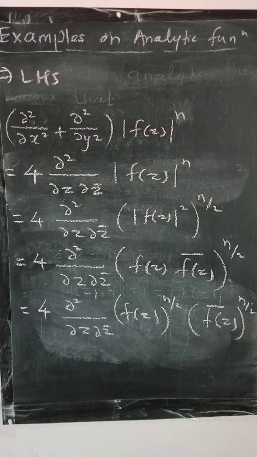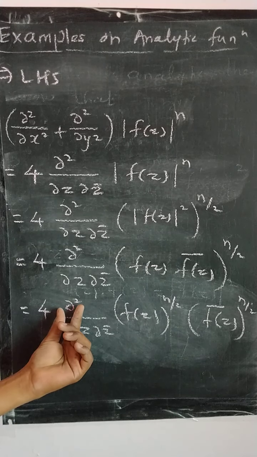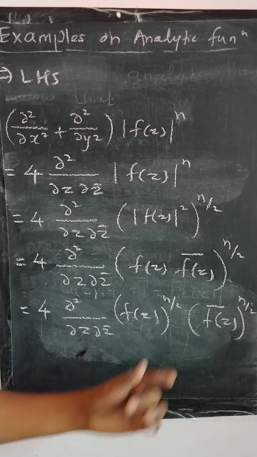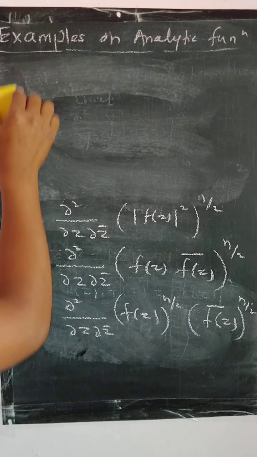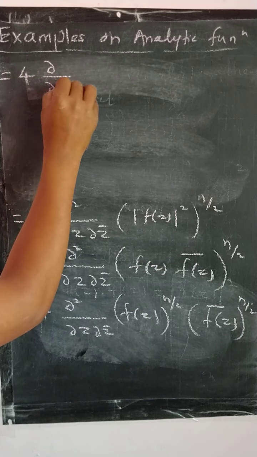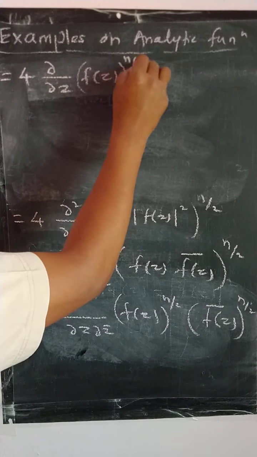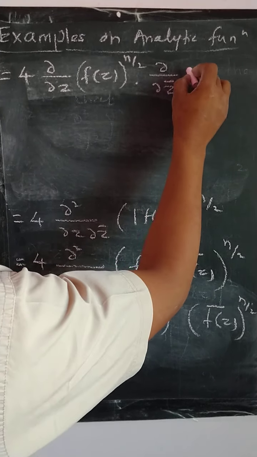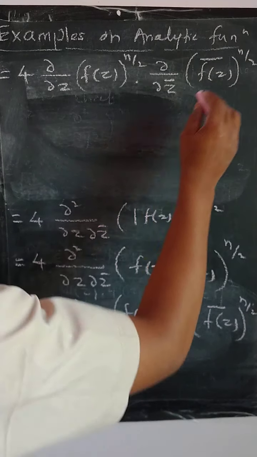Here we have the two derivatives, with respect to z and with respect to z bar. So let me split these two derivatives over these two functions. I will get 4 times ∂/∂z of f of z raised to n by 2 into ∂/∂z bar of f of z bar raised to n by 2.